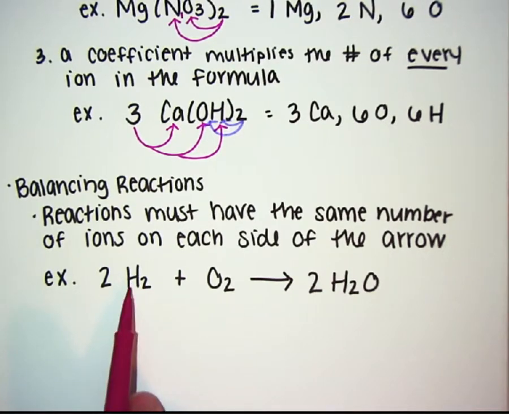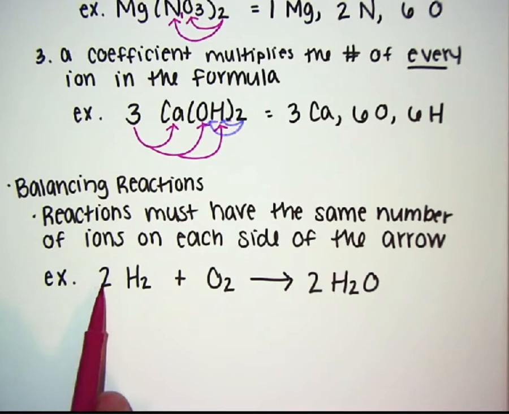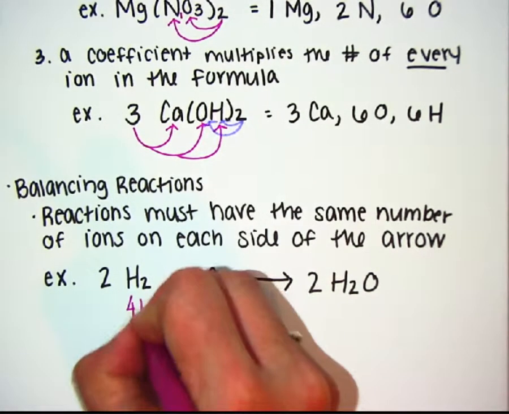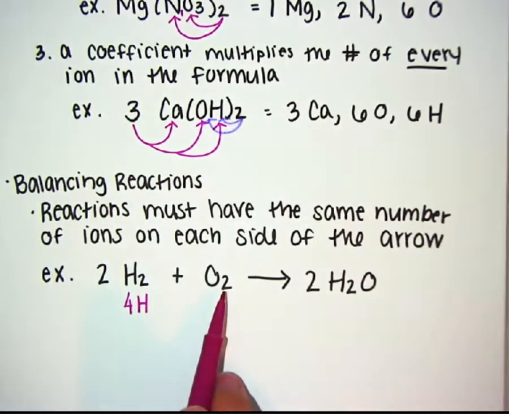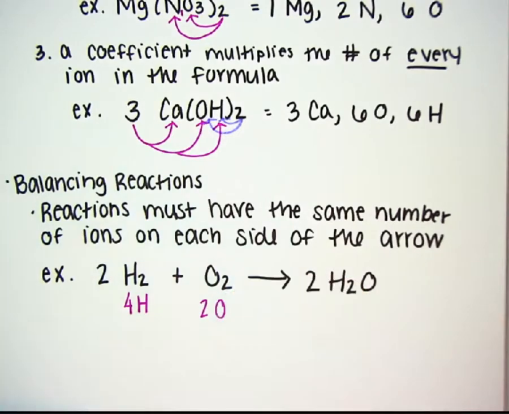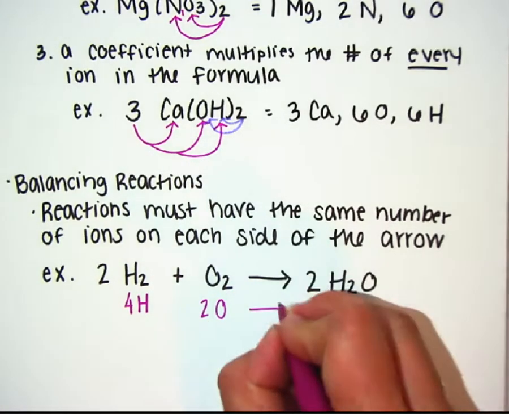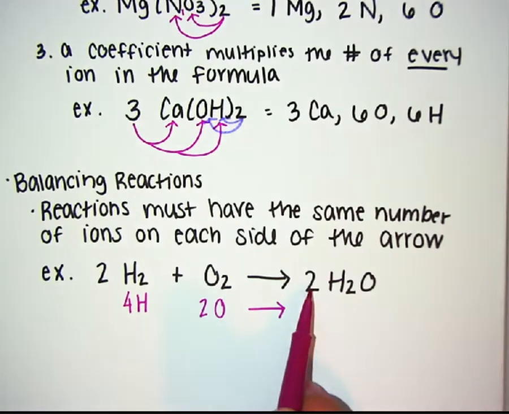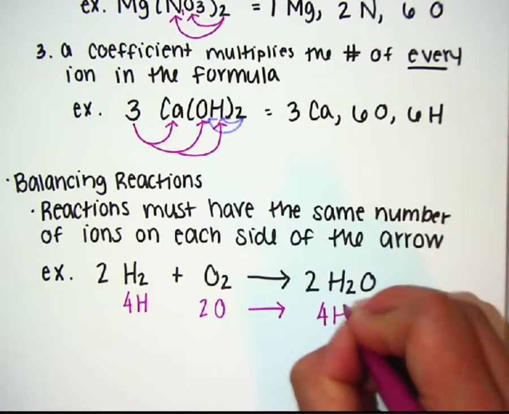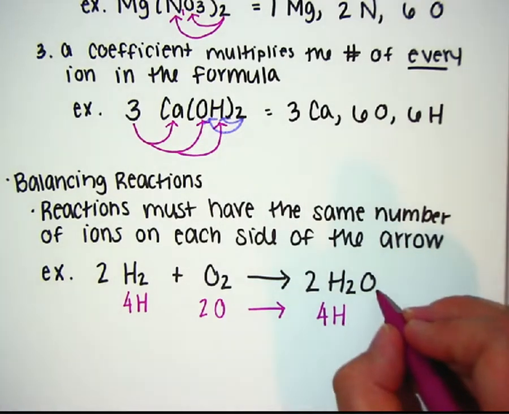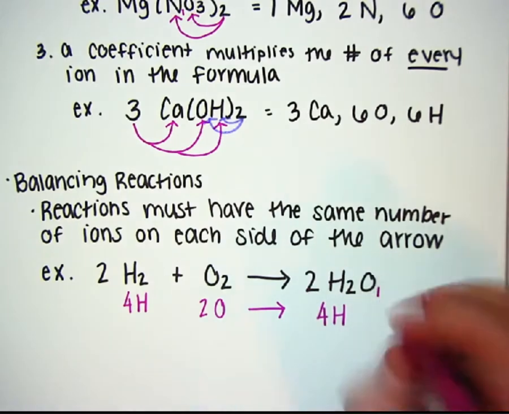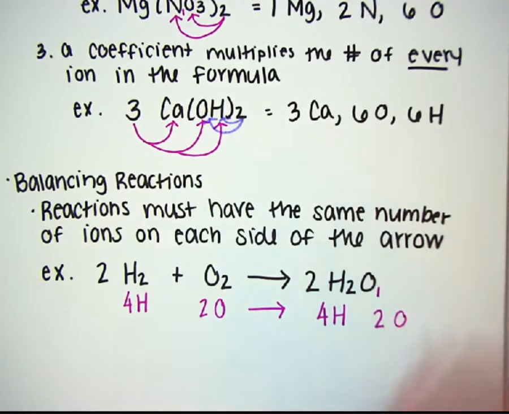I have 2 hydrogens times a coefficient of 2 gives me 4 hydrogens. Here I have 2 oxygens. On the right side of the arrow, 2 times 2 gives me 4 hydrogens. If there's not a subscript, we assume it to be 1. 2 times 1 gives me 2 oxygens.